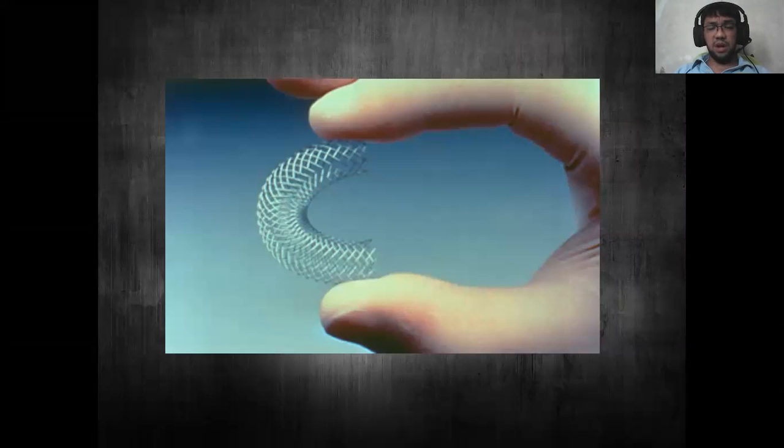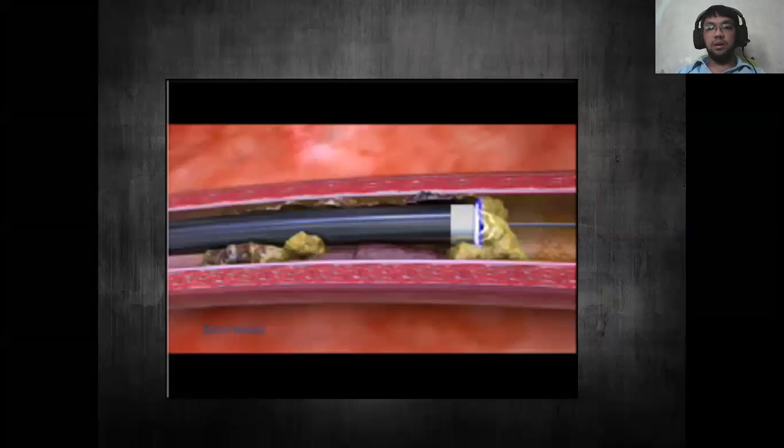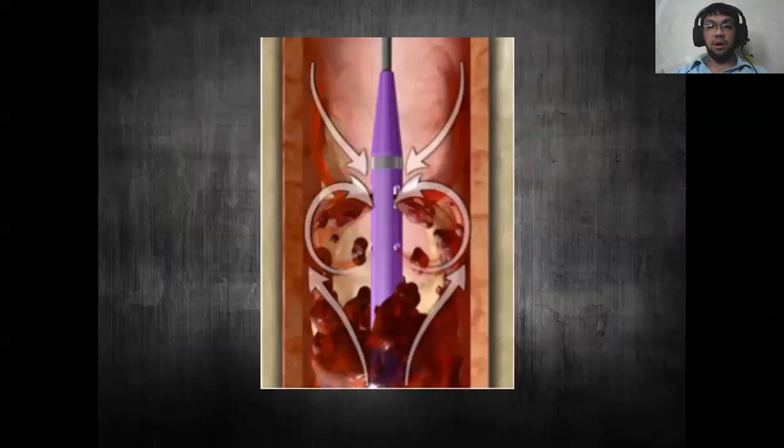Stents may be used as well, same as that for coronary artery disease. And sometimes they need to scrape the plaques off. So here, they're scraping it off with a catheter.